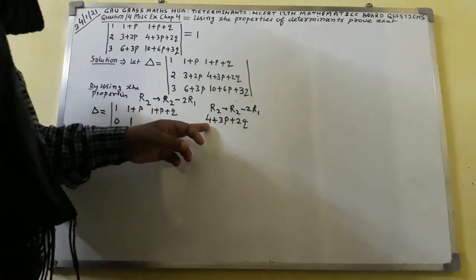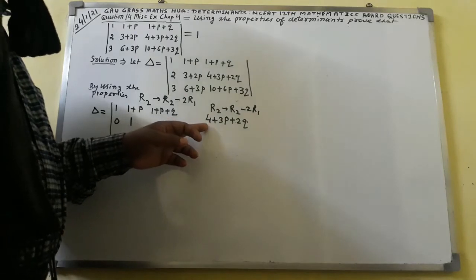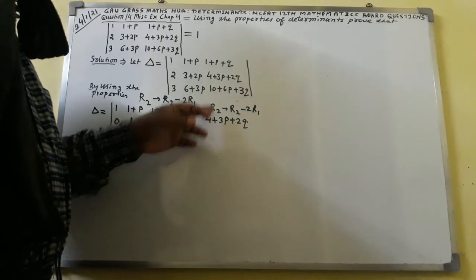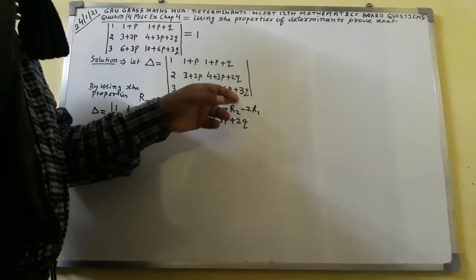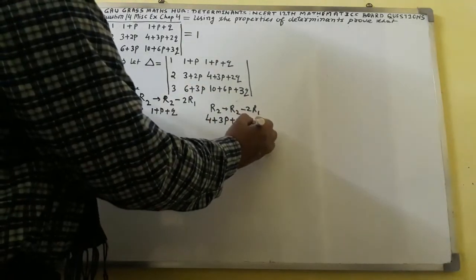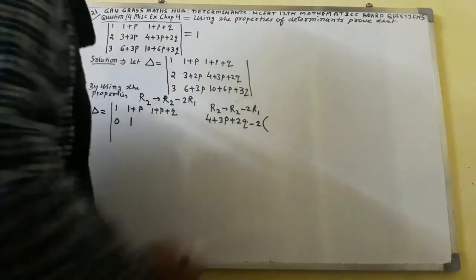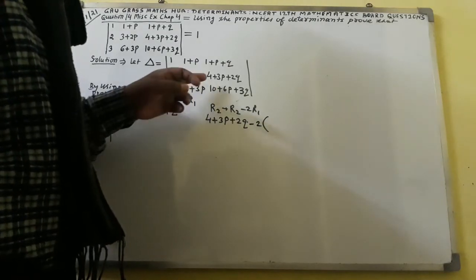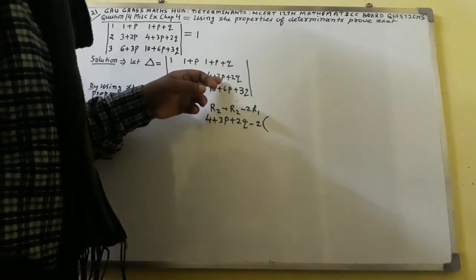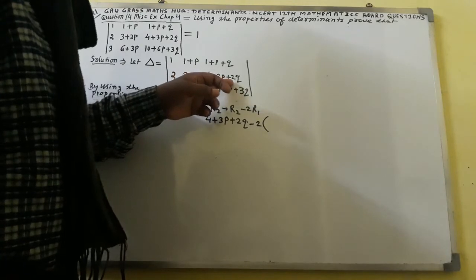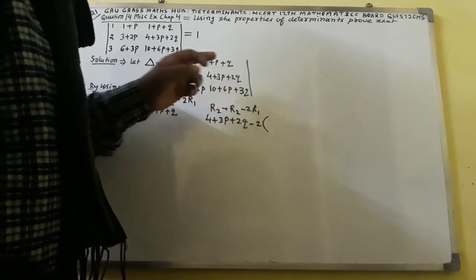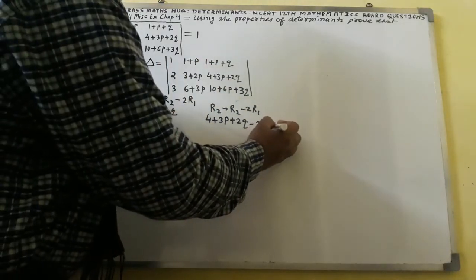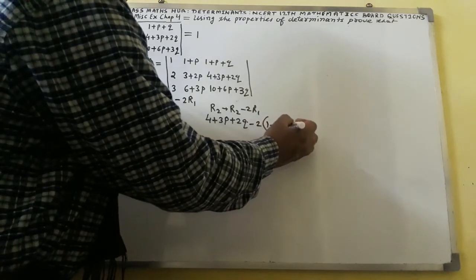So here I have written the element of R2, 4 plus 3p plus 2q, minus 2 times R1. The corresponding element in the first row will be 1 plus p plus q.